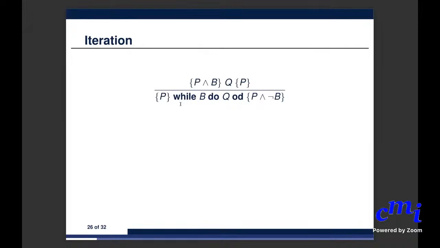That is, if you are able to come up with the loop invariant P, which is preserved by the body, that is, if you start with that P and loop entry condition B is true, and then after executing the body Q, P is true, then you can conclude that if you start in a state in which P is true, no matter how many times you execute, if you exit the loop, then P and not B will be true.